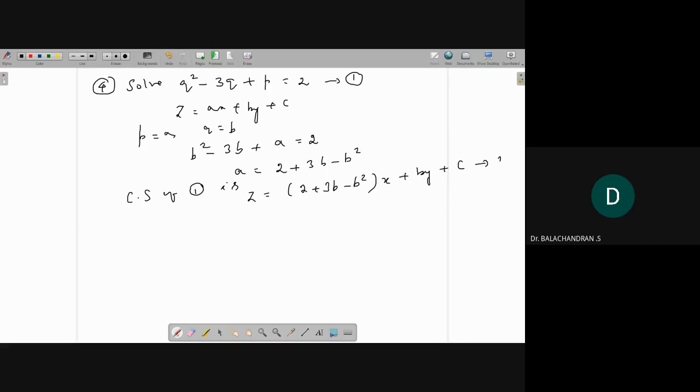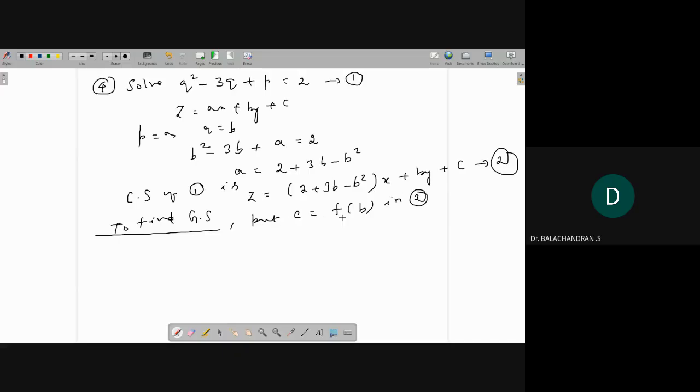So this is equation 2, where b and c are arbitrary constants. So to find the general solution, next: in the previous 3 problems, we took c equal to f of a. But here I am going to take c equal to f of b.